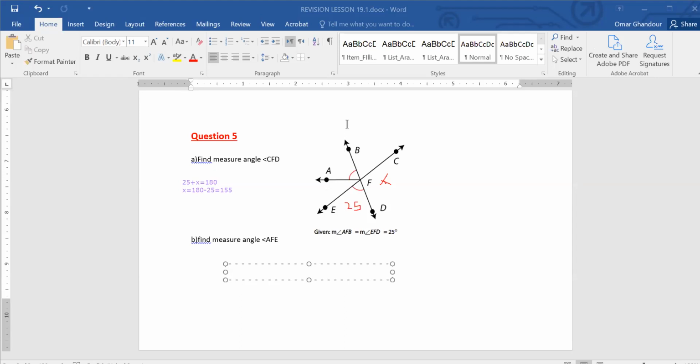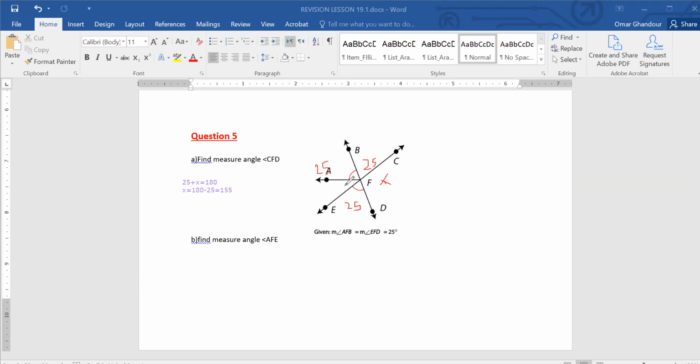You know that this angle up here is 25. Very good. And then? EFB and BFC are vertical angles, so they have the same measure, which is 25 too. Then angle BFC plus angle AFB plus angle AFE equals 180 degrees.